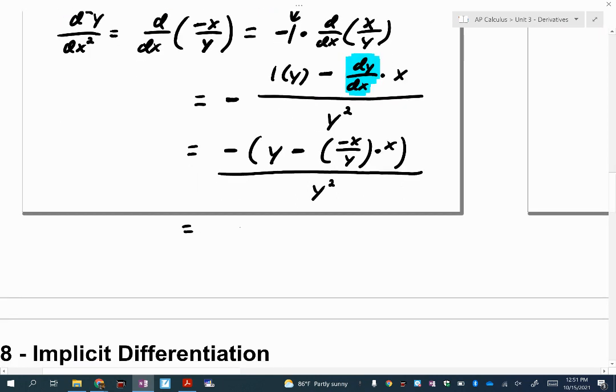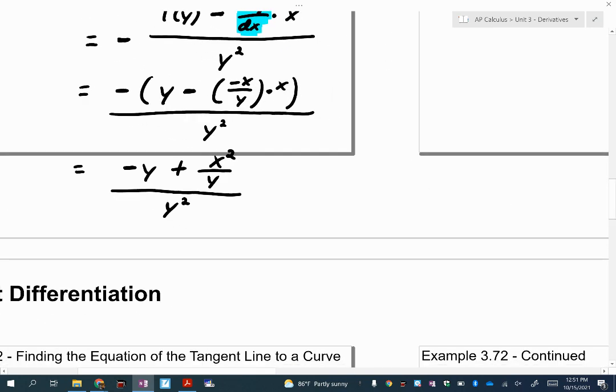I'm going to keep simplifying. I'm going to distribute my negative, get negative y. All right, then a negative times a negative is plus, and that's going to be x times x, which is x squared over y, all over y squared. I'm going to simplify the numerator.